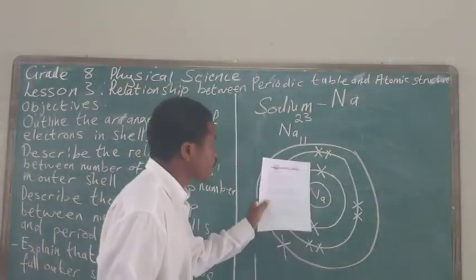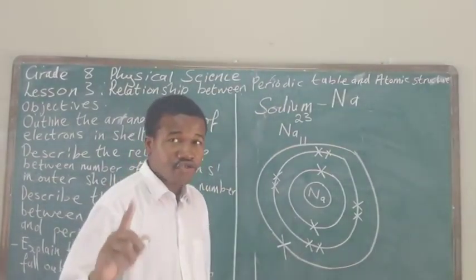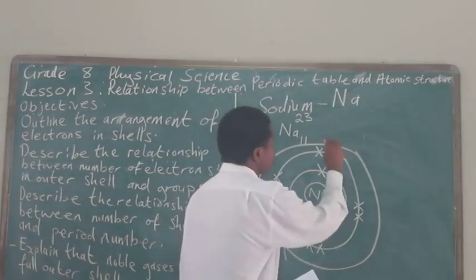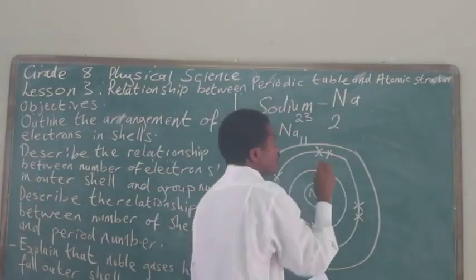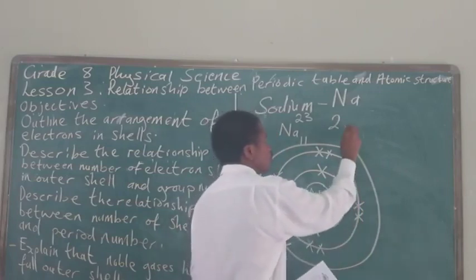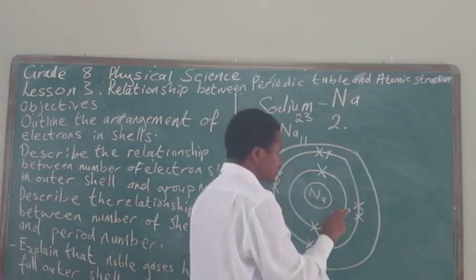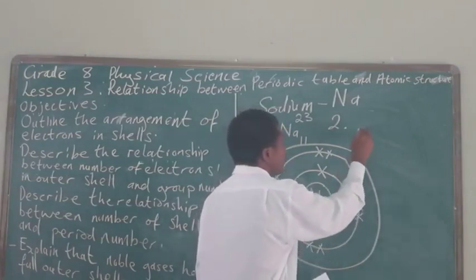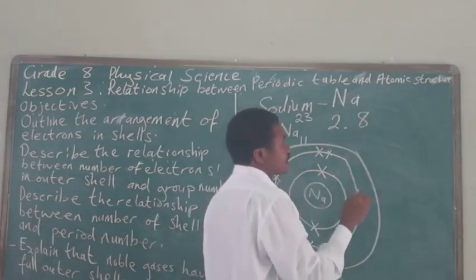Now if you were to write the electron configuration, you would say the first shell for sodium has 2 electrons, and you put a dot. The second shell for the atom sodium has 8 electrons.